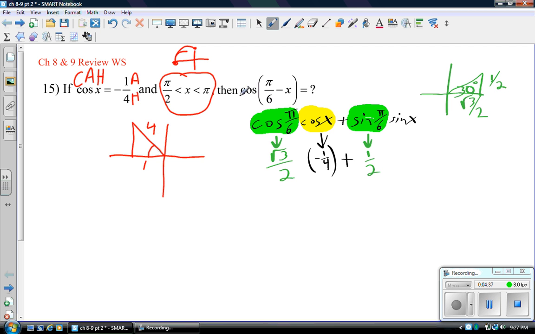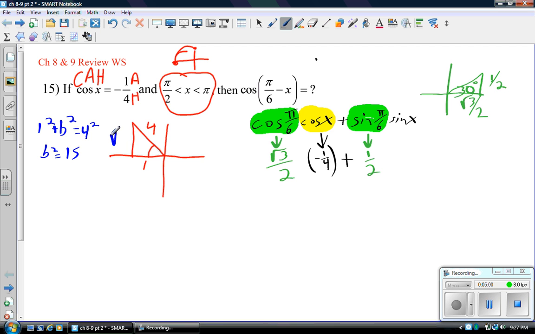I need the sine of that. Well, the sine would simply be the opposite over hypotenuse. So how do I get that? Well, I just use Pythagorean theorem. It'd just be 1 squared plus b squared equals 4 squared. So you'll end up with b squared equals 15.